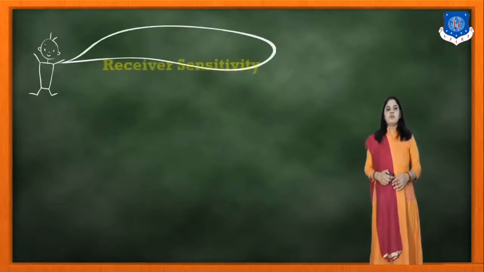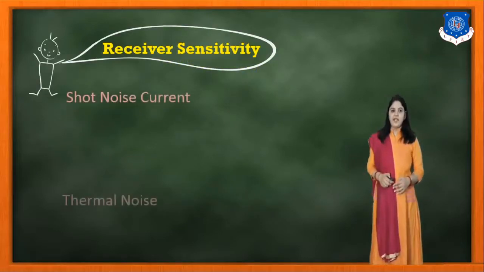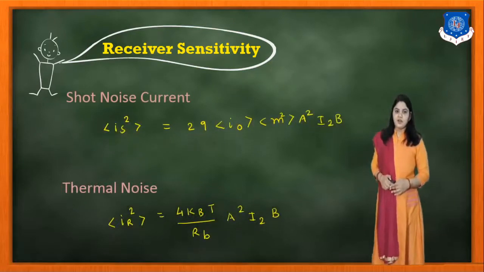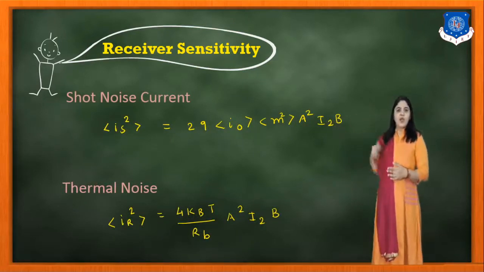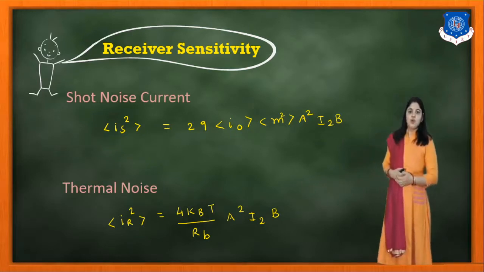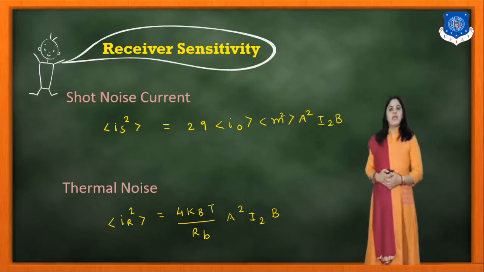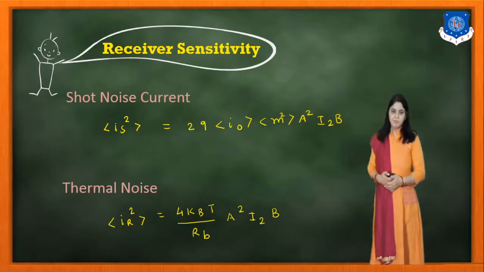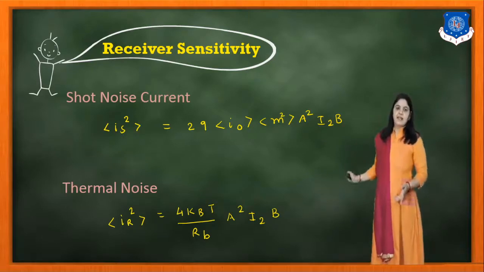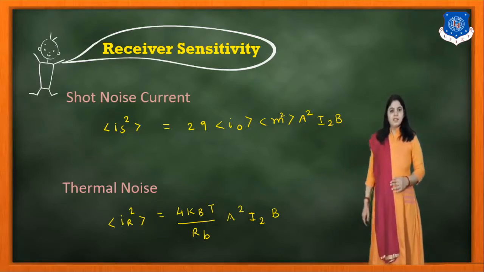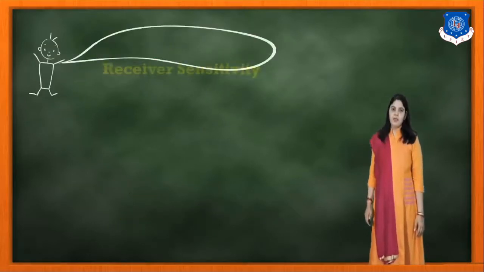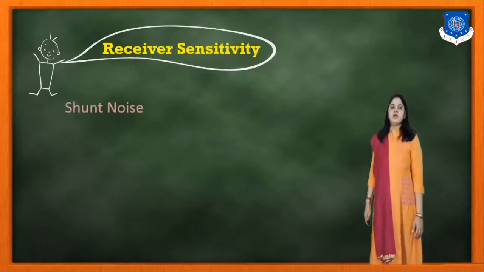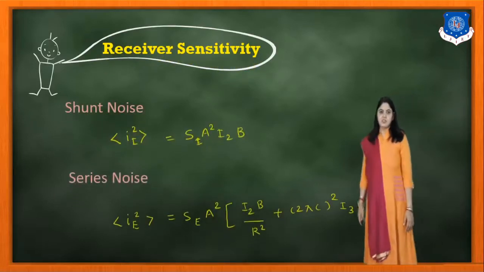Okay, so now we need to find out all these values. So shot noise current and thermal noise. What is the shot noise? It is IS² is equal to 2q I0 M² A² I2 into B. Thermal noise, that is IR², is equal to 4kBT upon RB² A² I2 into B. Now the shunt noise and the series noise.